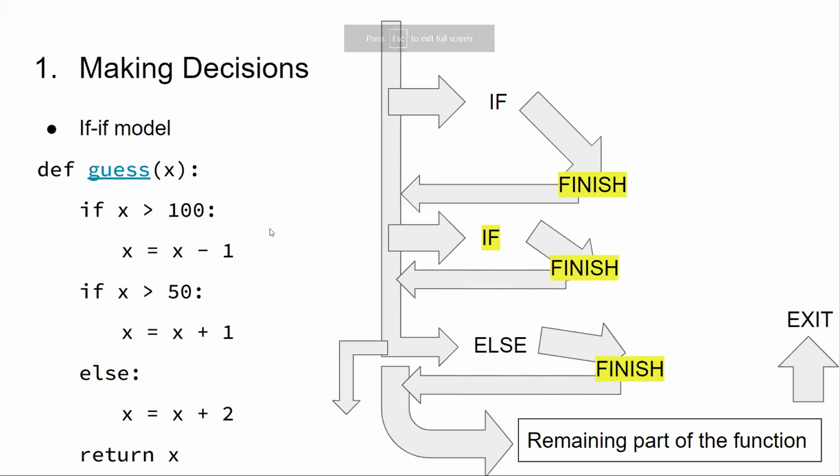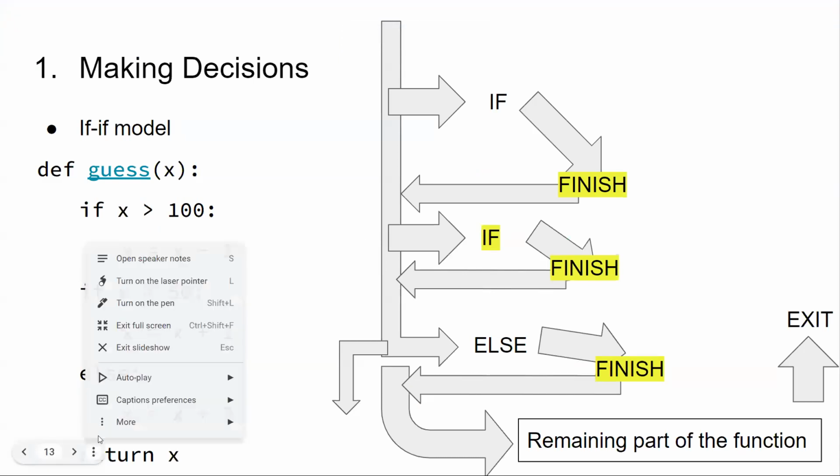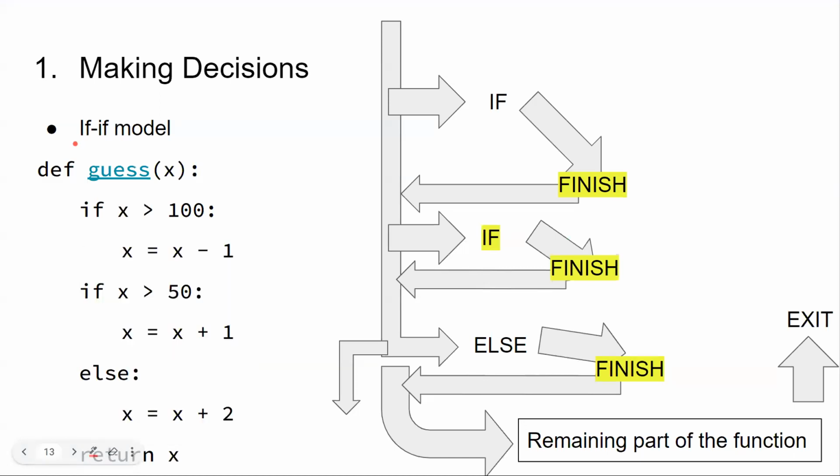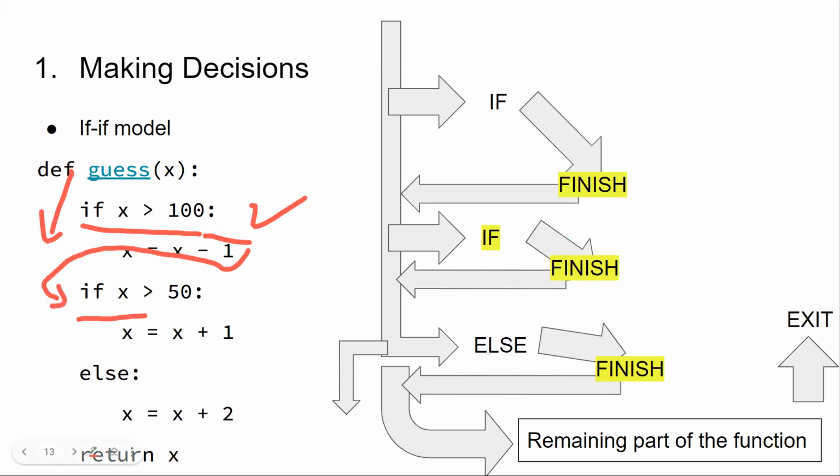Finally, we have the if model, which is often if and no else if. That means if I pass in a value and I satisfy this condition, I'll run it, but I'm still going back to see if I have to check, because it's not else if.